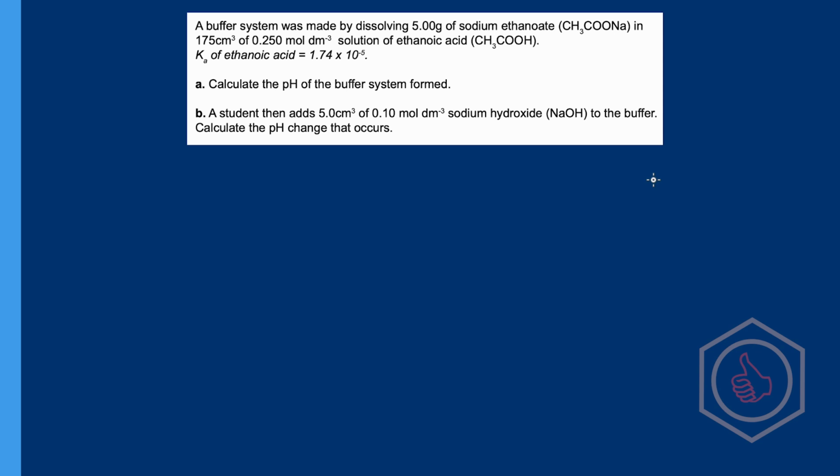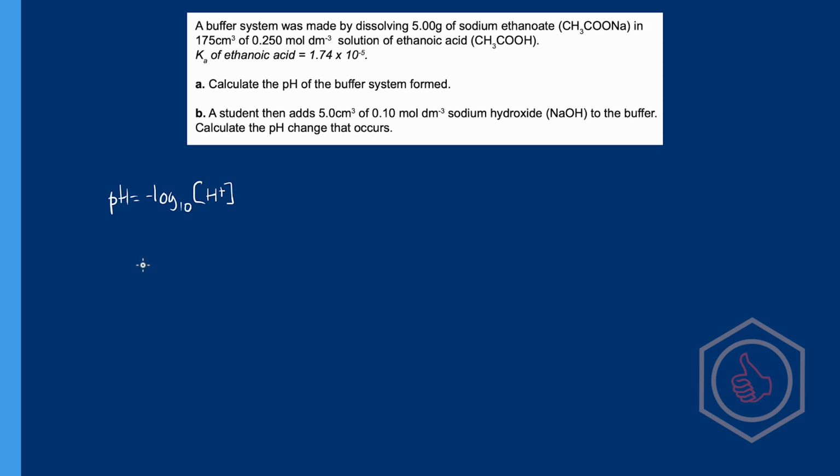Well, the first thing we should do when tackling a question like this is actually work backwards. We're being asked to calculate the pH of the buffer. Well, we know that pH equals minus log to the base 10 of the concentration of H+ ions. So what we really need to do here is find the concentration of H+ ions in the buffer system.